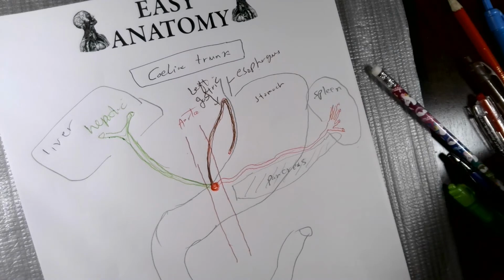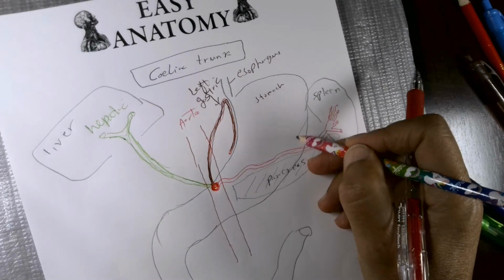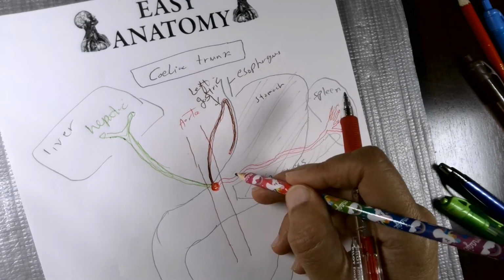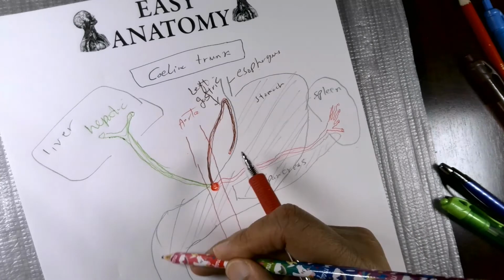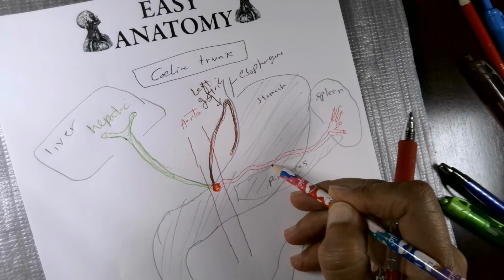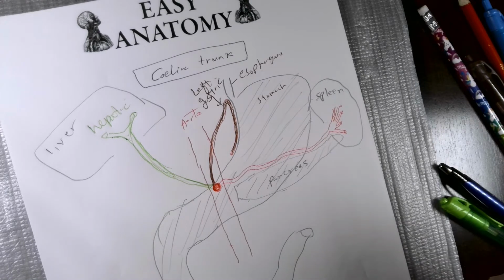The splenic artery runs behind the stomach, and the pancreas is part of the stomach bed. The pancreas also runs behind the stomach until it reaches here.